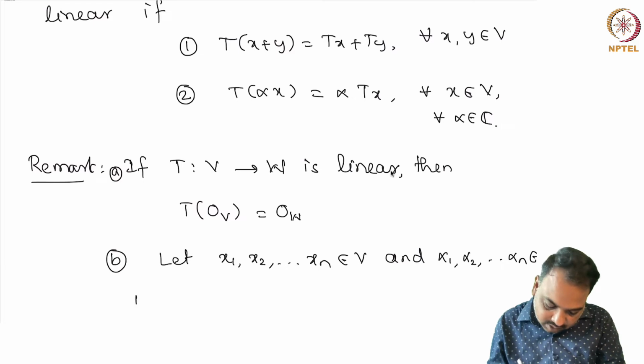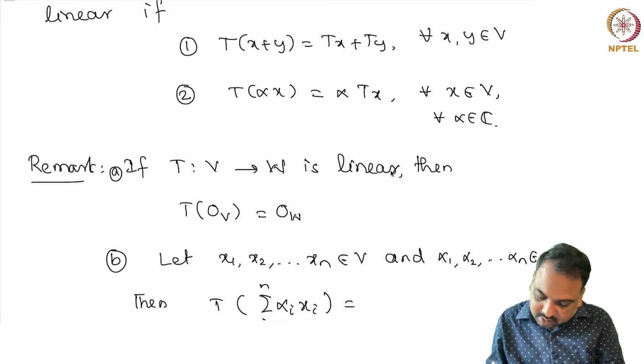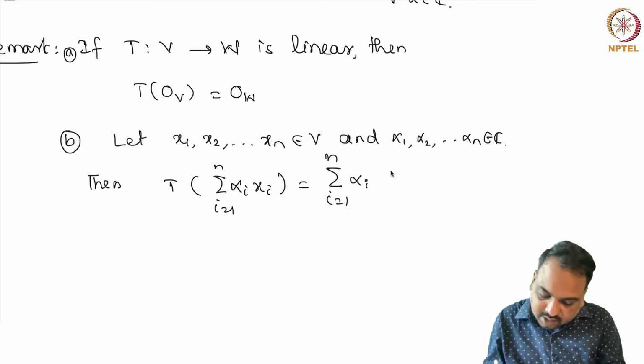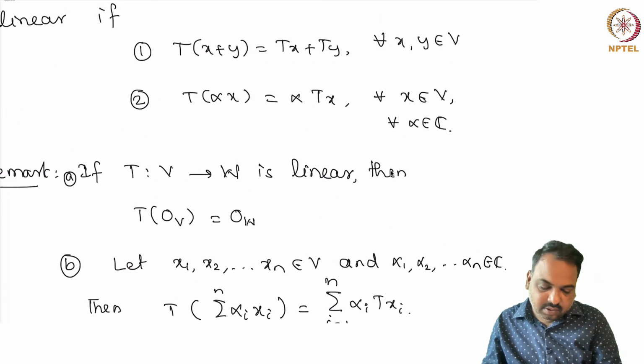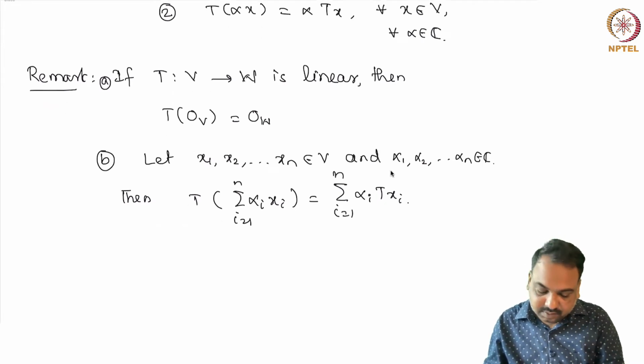Then whenever T is linear, T of the summation of alpha i xi, i equal to 1 to n, is nothing but the summation i equal to 1 to n of alpha i T xi. This directly comes from the two properties, the axioms of a linear transformation. We have to apply 1 and 2 for n many vectors. This is the observation we will be using at a later point.